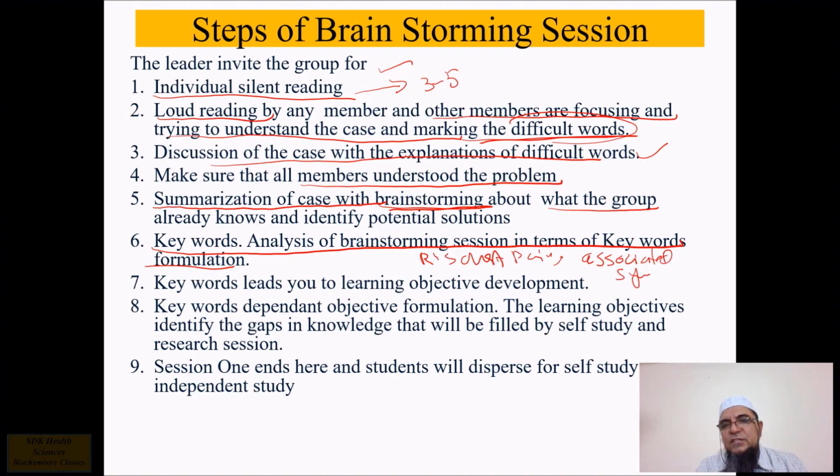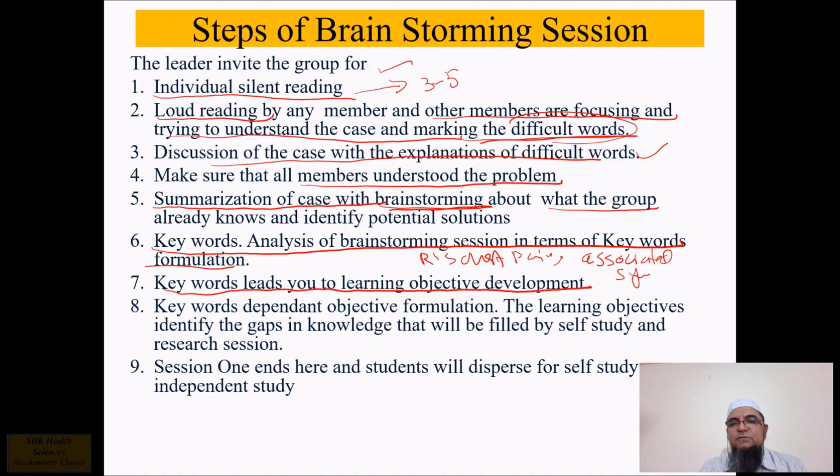So they will sort out the keywords, and once the keywords have been done, the next step will be the formulation of objectives, and these keywords will take you to the formulation of objectives. So what are basically the keywords? The keywords are the points that can take you to make objectives.